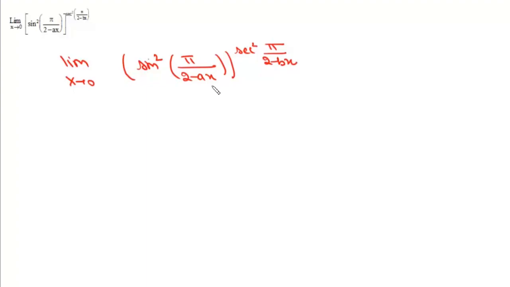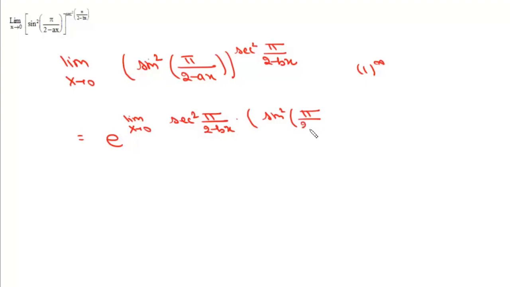If we put x as 0, sine pi by 2 is 1, and secant pi by 2 is infinite, so it is 1 to the power infinity form. So we'll directly use the shortcut. So it'll be this limit x tends to 0, and then it'll be this secant square (pi upon 2 minus bx) into sine square (pi upon 2 minus ax) minus 1.